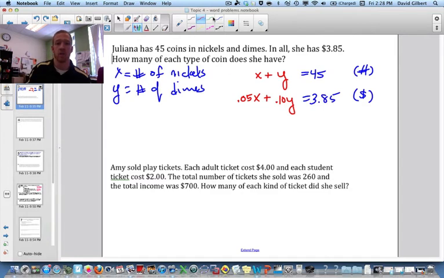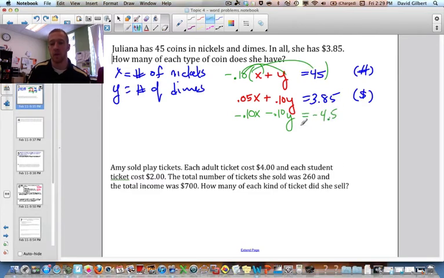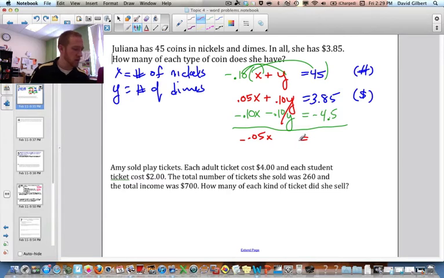Total money from nickels plus total money from dimes gives us the total amount of money. Now I'm going to scale the top equation by negative 0.10, and that will allow me to add and use elimination. So we have negative 0.10x minus 0.10y equals negative 4.5. We add those up, and 0.05x plus negative 0.10x is negative 0.05x, equals negative 0.65.